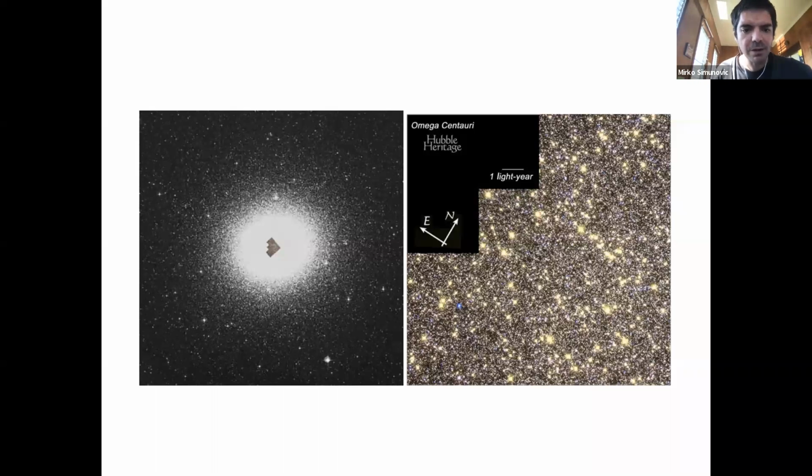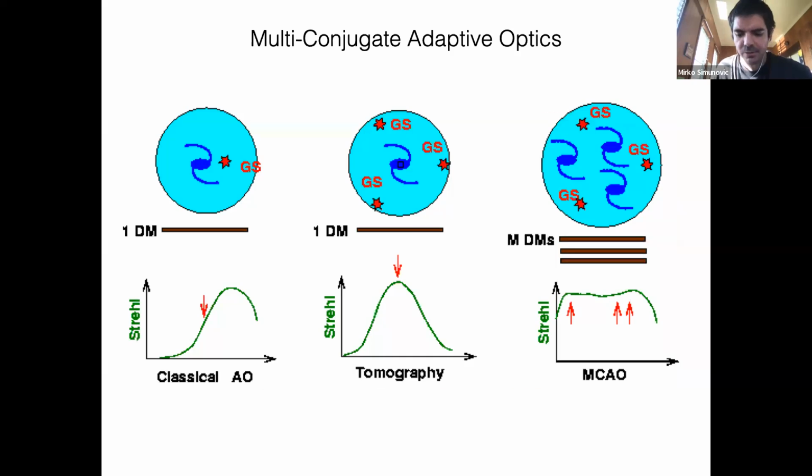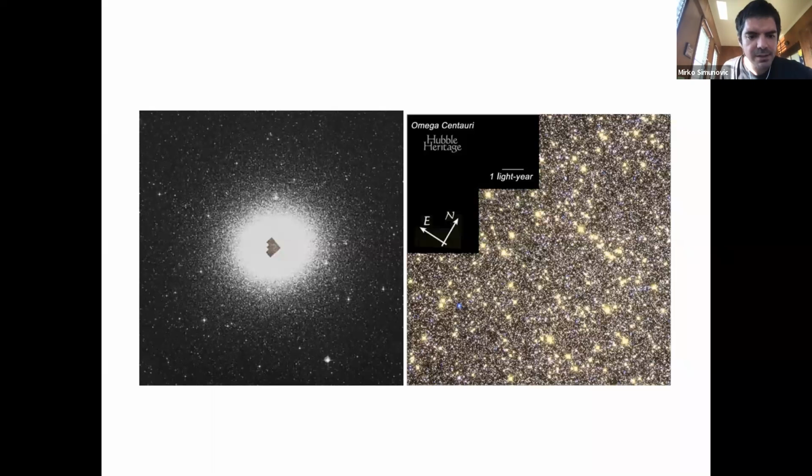With a ground-based telescope, we can observe a larger portion of the sky and we take the image of the full cluster, but then we go to space, we use Hubble, and we're observing only the tiny area of the inner region of the cluster.